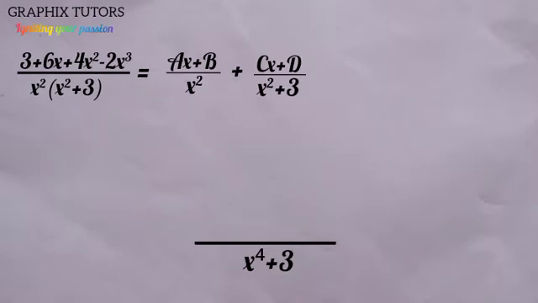You can pause the video and guess that for yourself, but this is what we're going to be having. If we have x to the power of 4, it is going to give us ax to the power of 3 plus bx to the power of 2 plus cx to the power of 1 plus dx to the power of 0. That's what we're going to be having.